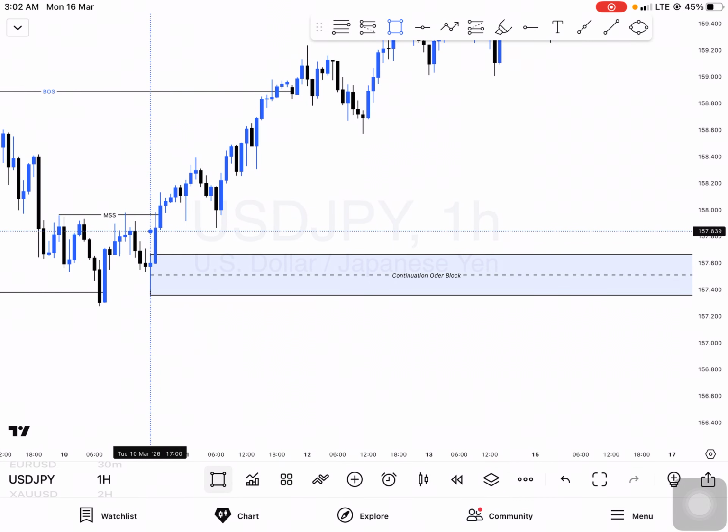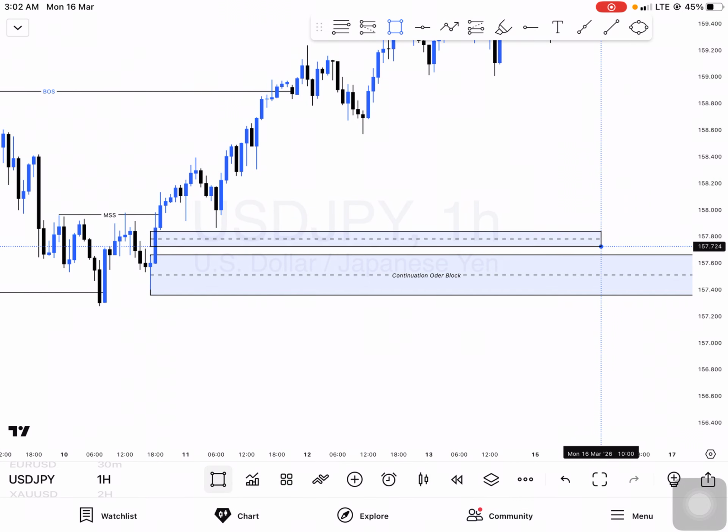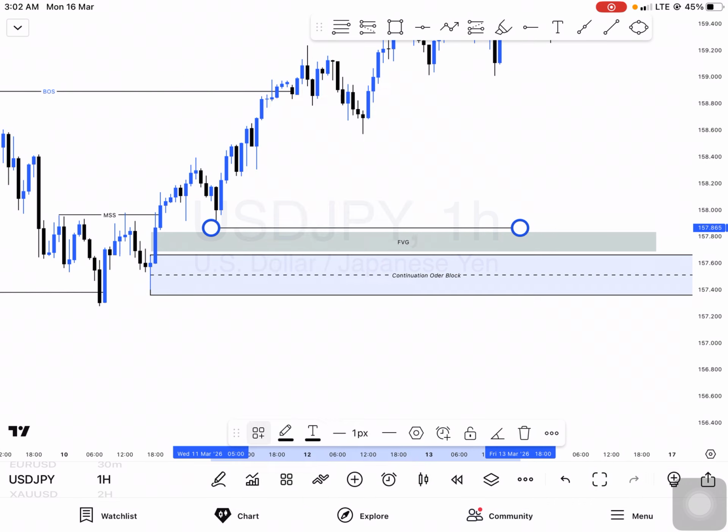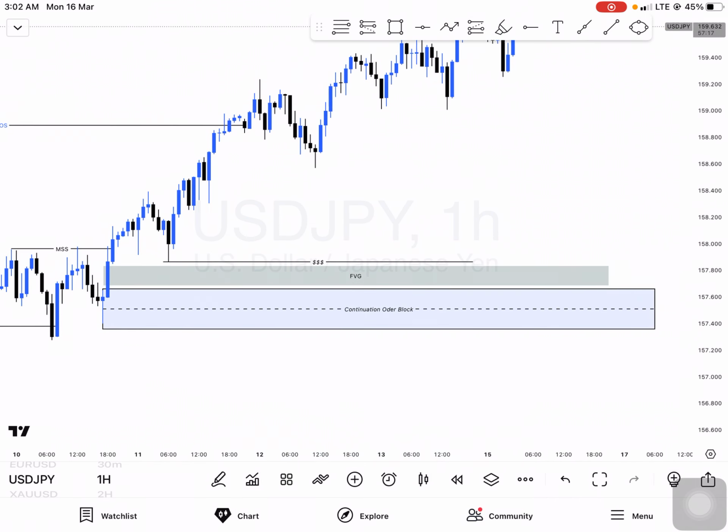You can see this fair value gap here, and you can see liquidity resting just above that order block. We have liquidity here, and we have a lot of liquidities.